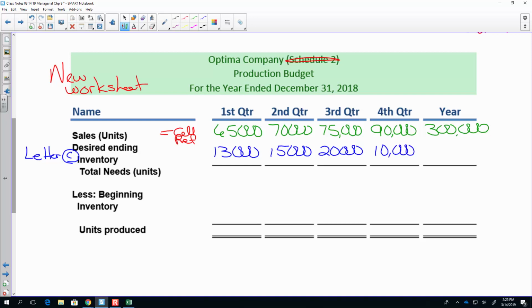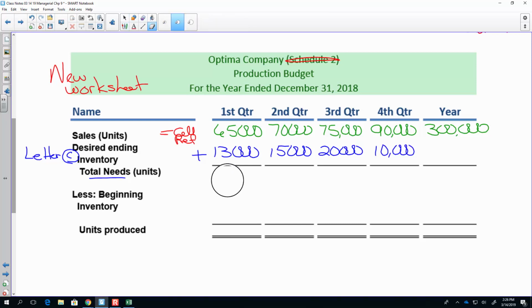So if I look at first quarter, how do I get my total needs? Do we add or subtract? Add. Very good. I had a student subtract. That was a long test. Because again, it's one of the first ones that we do. If you don't do this right, it's wrong down the line. So we add these two numbers together. I'm going to do these in black. 78,000.